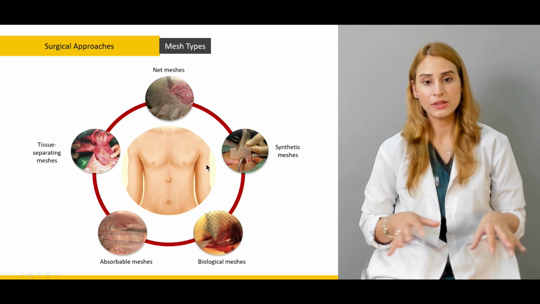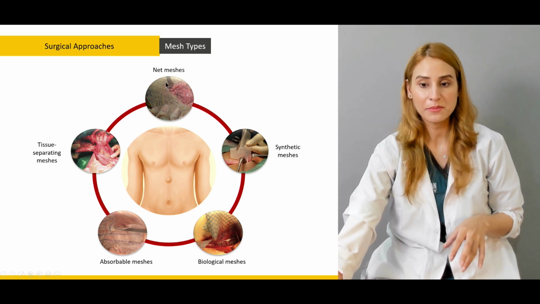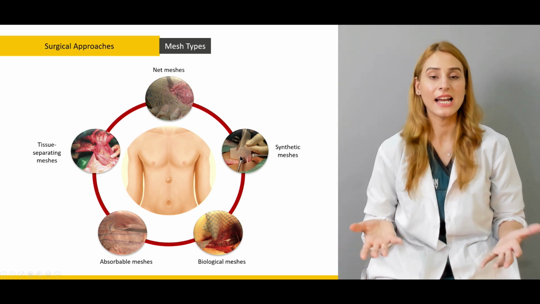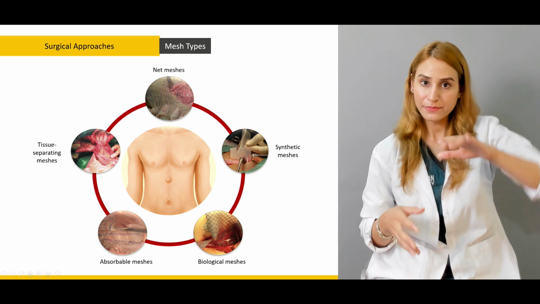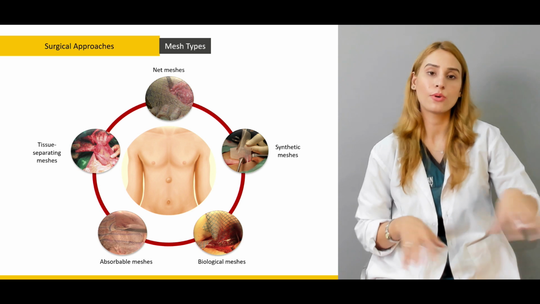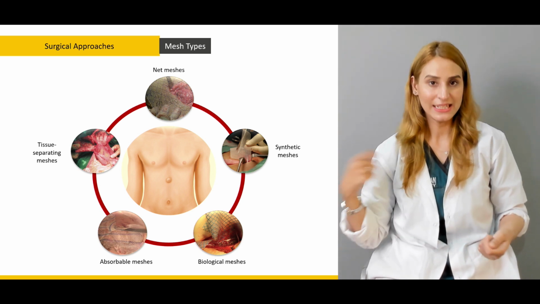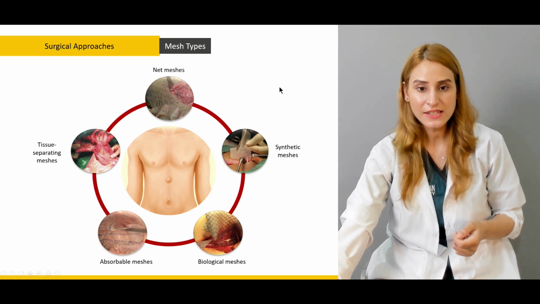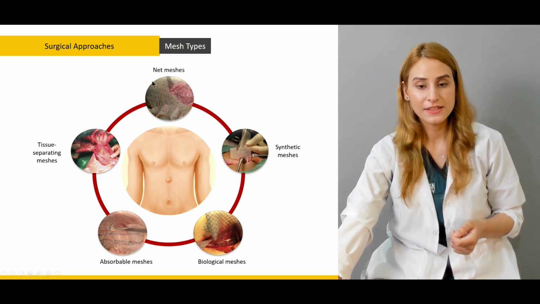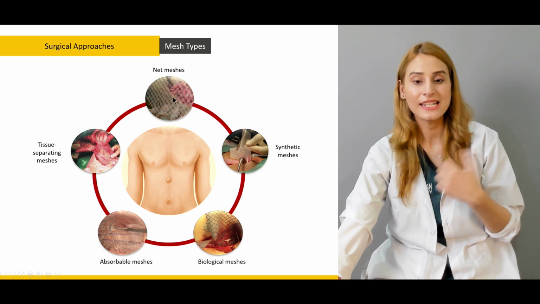So most commonly, we are using these net meshes, which are basically synthetic meshes, and there can be flat sheets or they can be synthetic knitted net-like meshes. So you can see here that this is a knitted mesh, or you can see a net here.